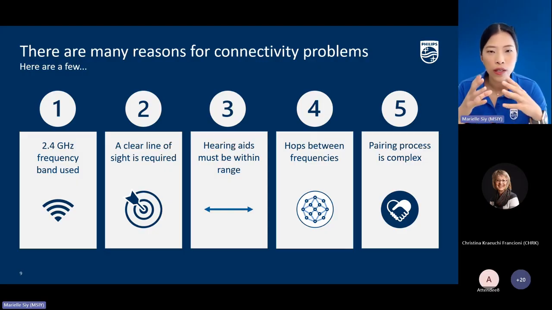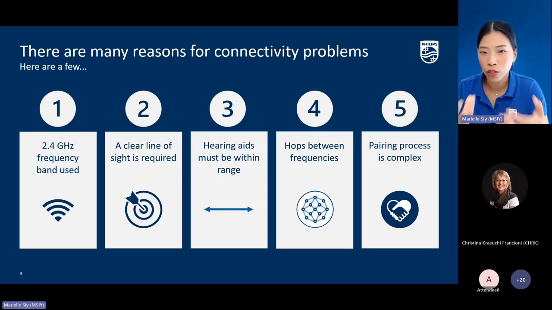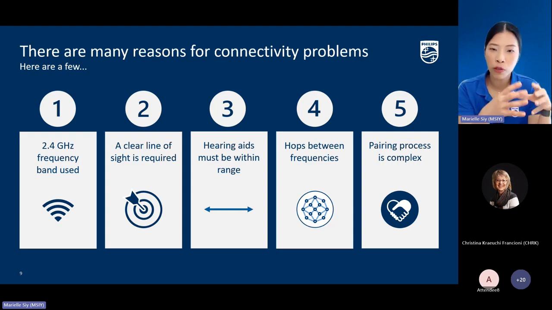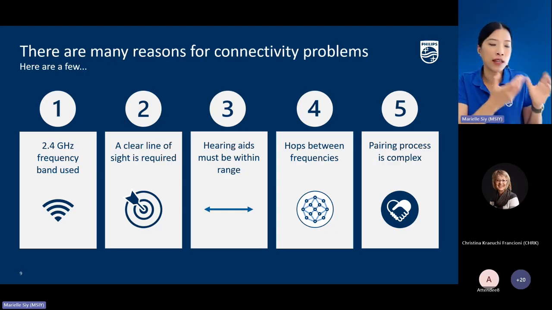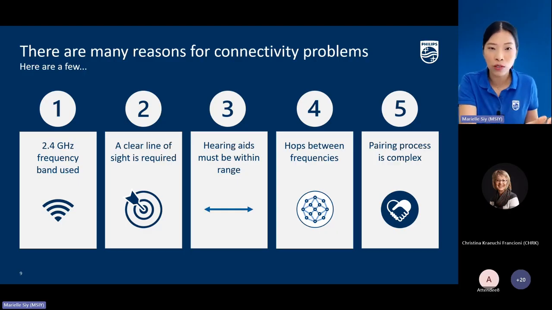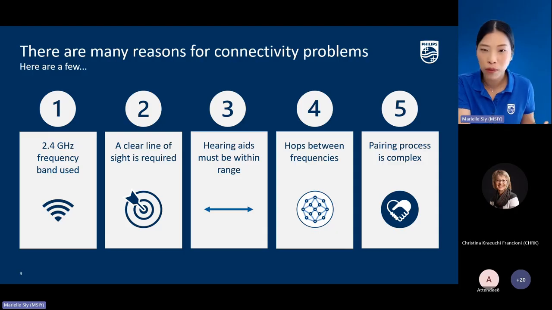So to show you an example of how complex it can be with hearing aids, Philips hearing aids use the Bluetooth ASHA protocol for streaming one-way audio, and then the Philips Bluetooth Low Energy protocol to watch TV and connect to the TV adapter. Then you have the standard Bluetooth Low Energy to connect to the Philips HearLink 2 app.